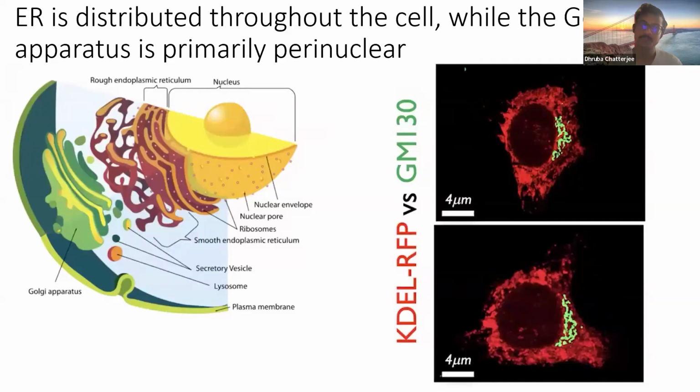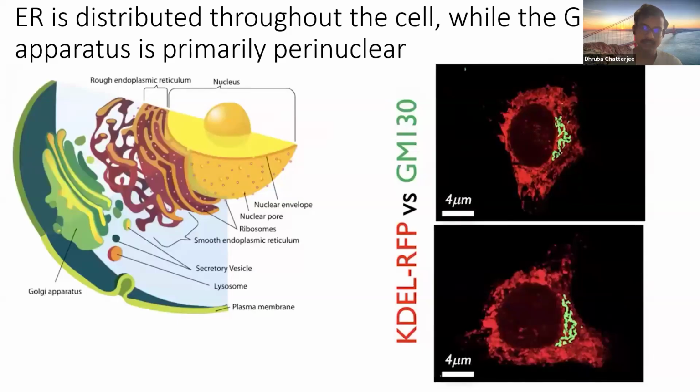On the other hand, there is this protein which is called GM130. GM130 is a cis Golgi protein. So it's a Golgi protein, but even within the Golgi, as we have already discussed, there is heterogeneity: the cis Golgi, medial Golgi, and trans Golgi. GM130 is primarily a cis Golgi protein.